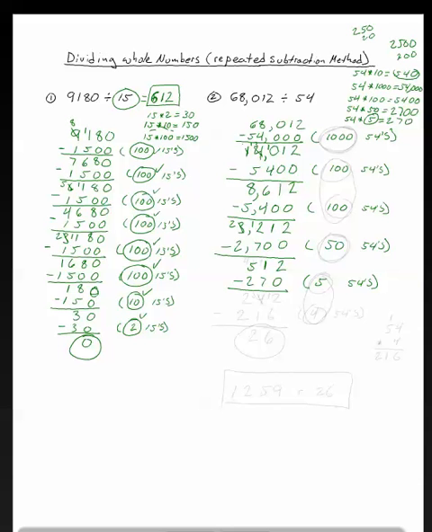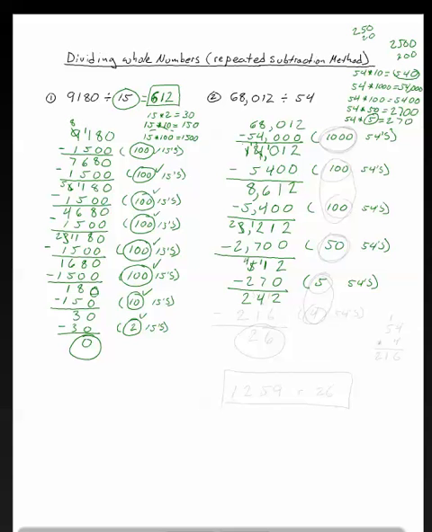That's going to give me 2 minus 0 is 2. 1 minus 7 I can't do, so I borrow. 11 minus 7 is 4. And 4 minus 2 is 2. So I get 242. So I can't subtract 5 anymore, because I know that 5 54s gives me 270.